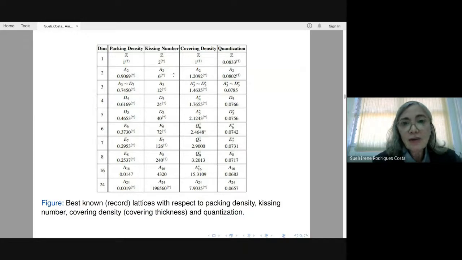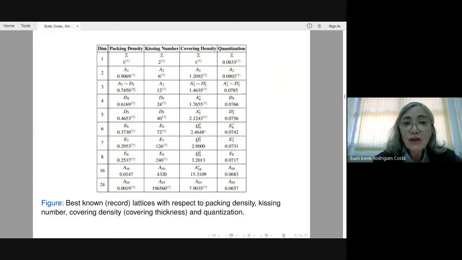This is the kissing number, which is the number of points at minimal distance. This is the covering density. So here in dimension 2, the A2 lattice, which is a version of the hexagonal lattice, has the best packing density, the best covering density, the biggest kissing number, and the best quantization. So it's good for everything.